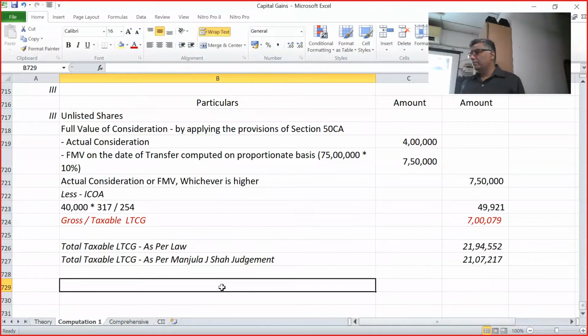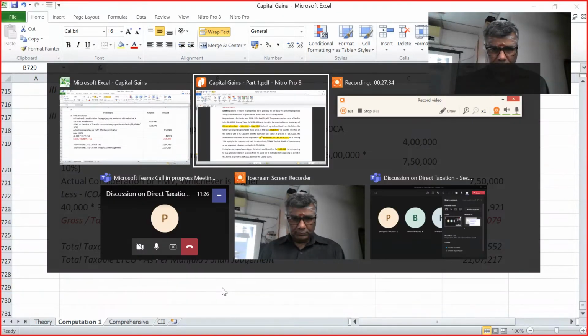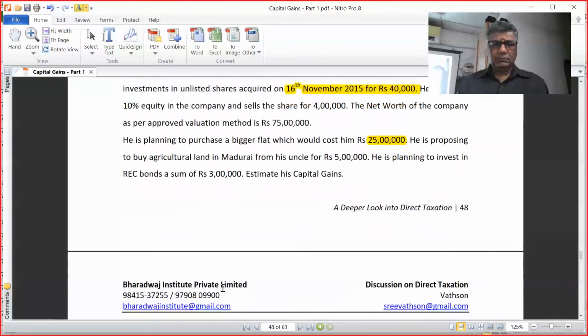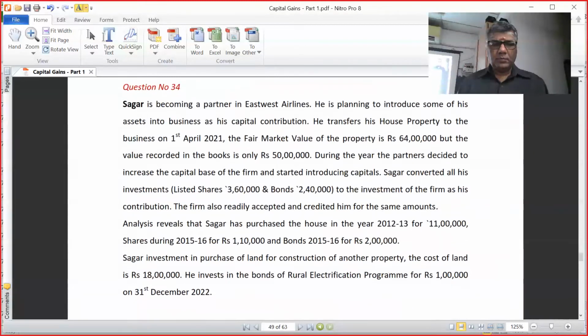Sagar is becoming a partner in East West Airlines. He is planning to introduce some of his assets into the business as his capital contribution. He transfers his house property to the business.